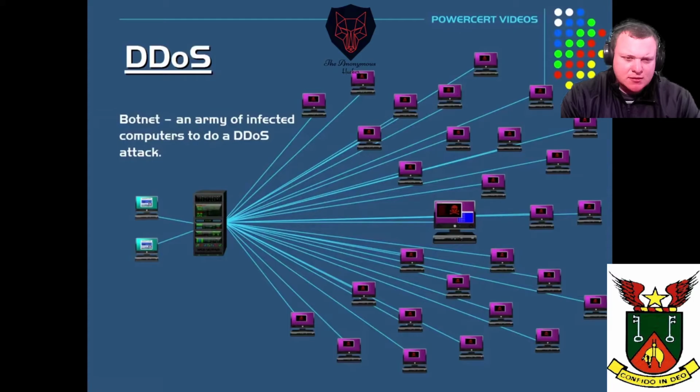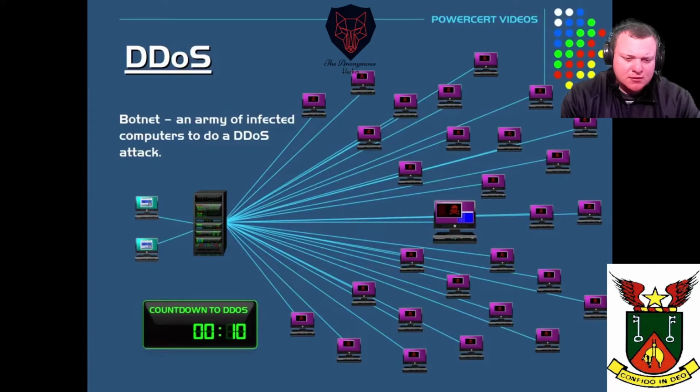Now this botnet is not just limited to a few computers. This botnet could be hundreds or even thousands of computers that are scattered all over the world. So now this botnet can be controlled like an army, waiting to receive instructions from the attacker, who is now like a centralized command and control center for the botnet.